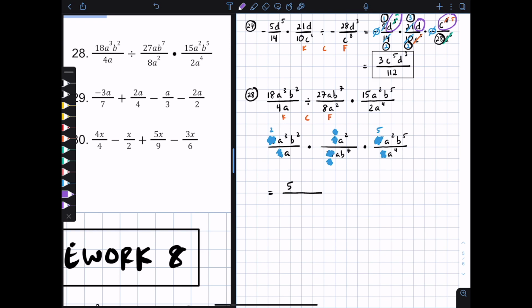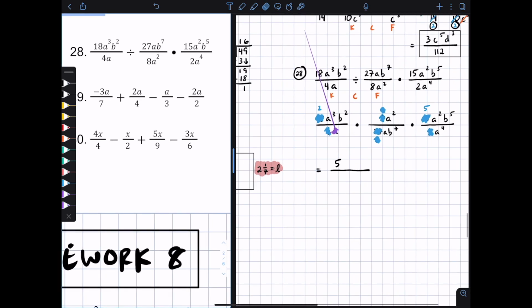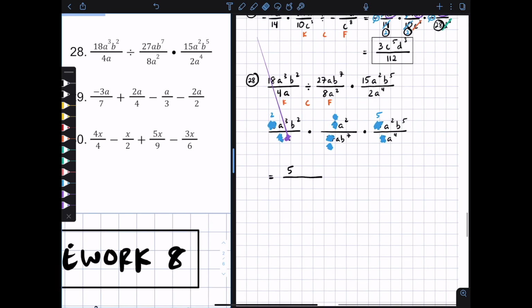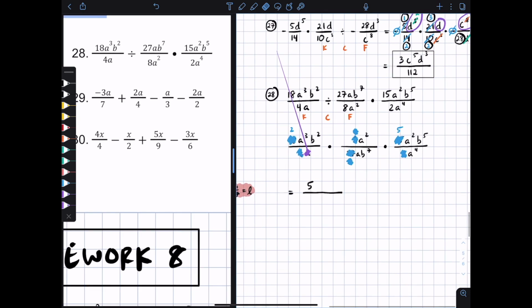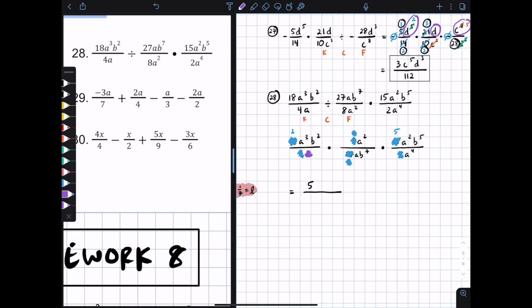Let's see. There's one A down here I'm getting rid of. Whoopsies, I don't know what's going on with that. All right, whatever. Well, that A is canceled out. With this one, let's make 2 A's I'm crossing out on the bottom.